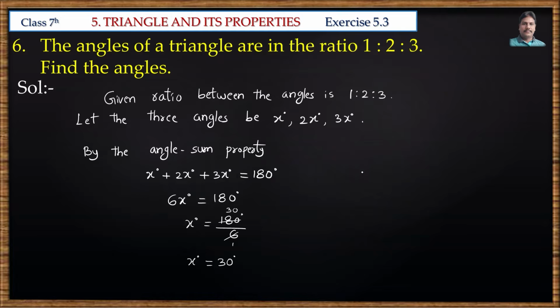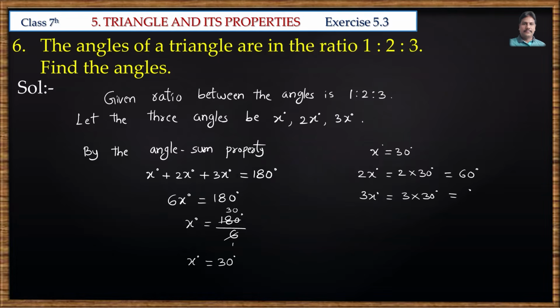Now we will calculate the three angles. The first angle is x. X is equal to 30 degrees, and the second angle is 2x. So 2 into 30, it will become 60 degrees, and the third angle is 3x degrees, that is equal to 3 into 30 degrees.